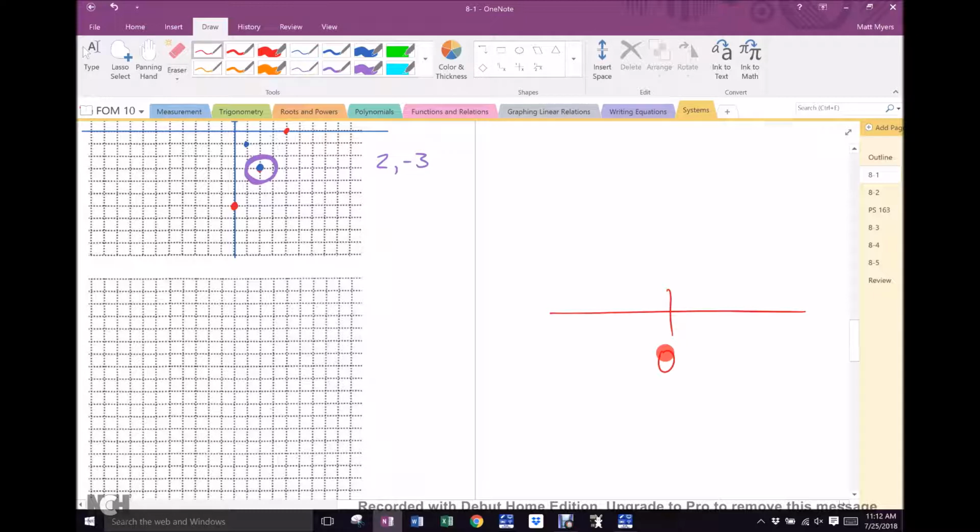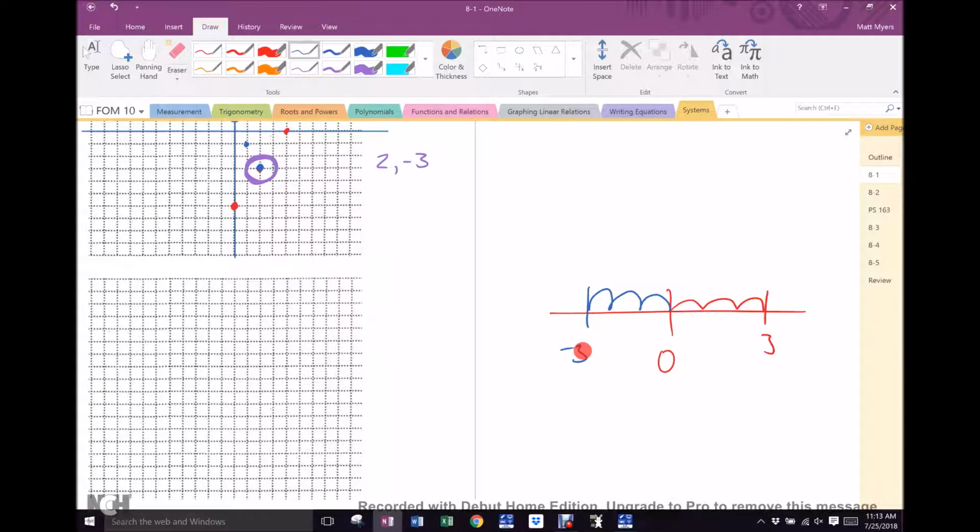If I take 3 steps to the right, where am I? 1, 2, 3. I'm at positive 3, correct? If I go back to 0 and I take the same amount of steps to the left, where am I? Negative 3.